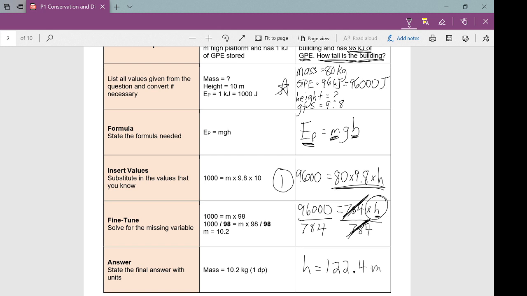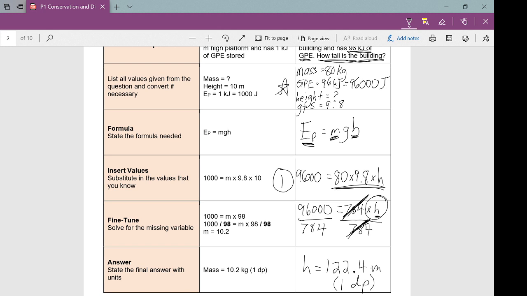Meters. And then I'm going to write in brackets, just to show that it's in one decimal place. You don't have to do this step. Sometimes questions ask you to round it to a particular amount of decimal places or significant figures. But in this question, because it doesn't, I just chose it myself, just so then I don't have to write a long list of numbers.